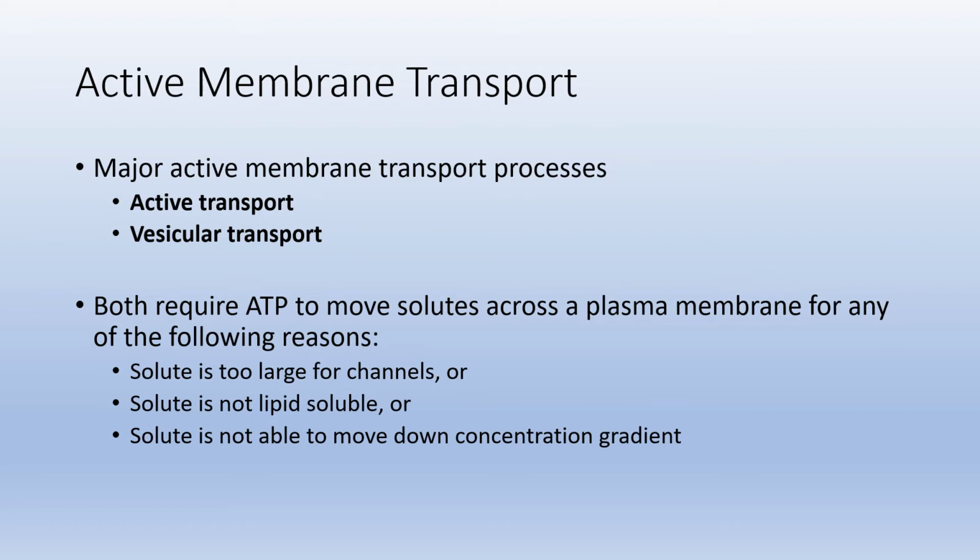Either way, when substances use active membrane transport, it's usually for any of the following reasons. That solute may not fit through a channel, it may not be lipid soluble, or that solute might not be able to move down its concentration gradient, meaning it cannot move from an area of high concentration to an area of low concentration.